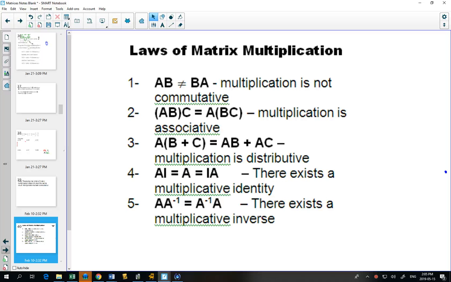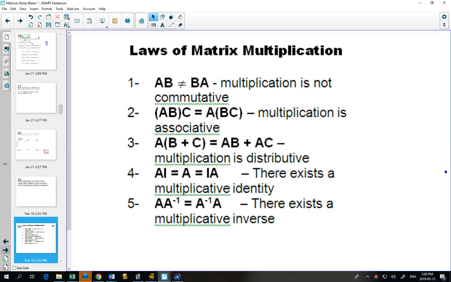But what we did notice is if we have 3 things multiplied together, you could do A times B first and then times C, or you could do B times C first and then times A. The mathematical word for that property is associative. You can distribute matrices.